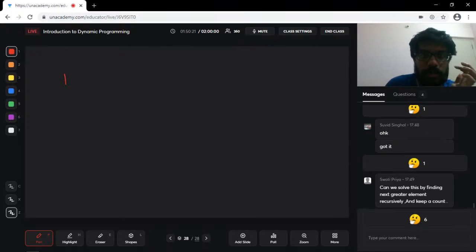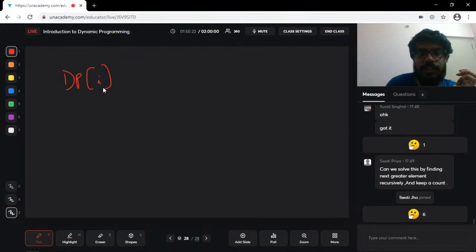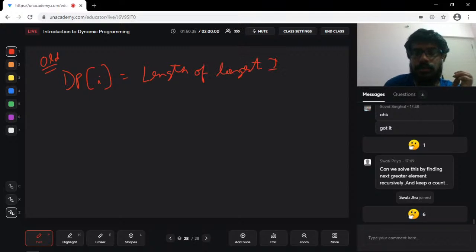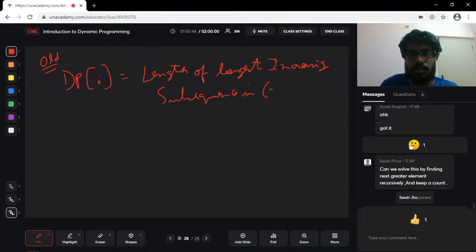Let me repeat what I said. Let me write down both the DP definitions. The old DP definition: DP of I was nothing but the length of the longest increasing subsequence in A1, A2 to AI.